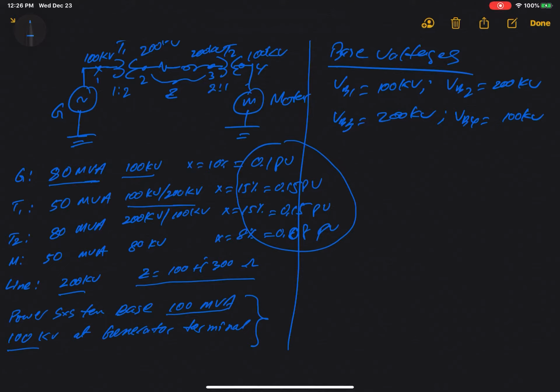Now I have all those voltages at different points of the line. I have to make sure that whatever old per unit impedance we have is transferred to the power system impedance, right?